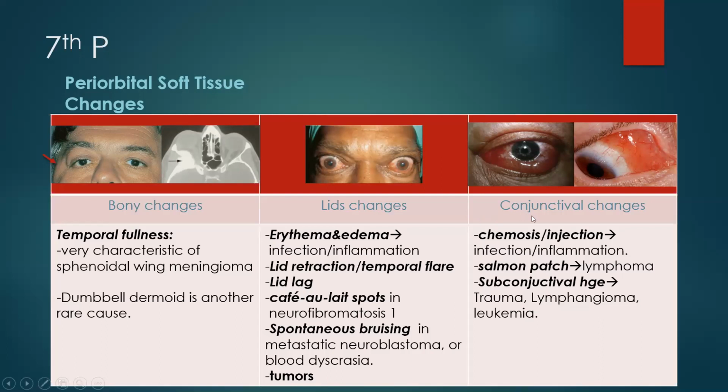In conjunctival changes, you can find chemosis and injection, and this means that the condition is infectious or inflammatory. You can have a salmon patch, like in this picture, which is a characteristic sign of lymphoma. You can also have subconjunctival hemorrhage in case of trauma, lymphangioma, and leukemia.